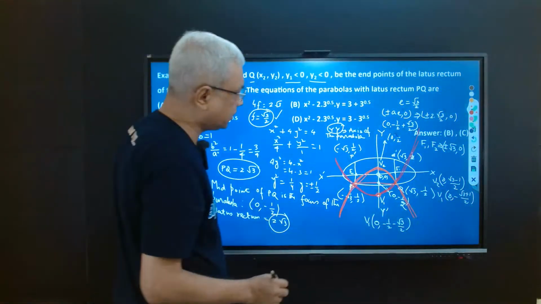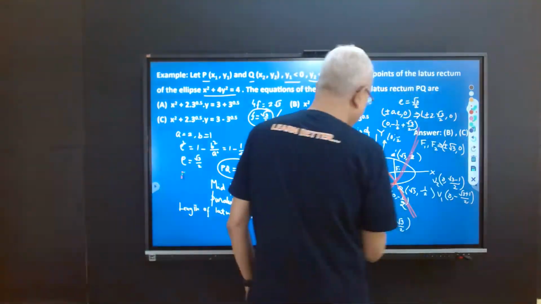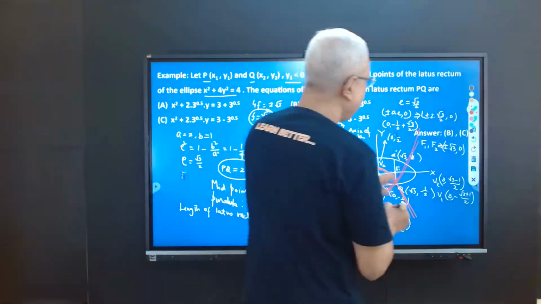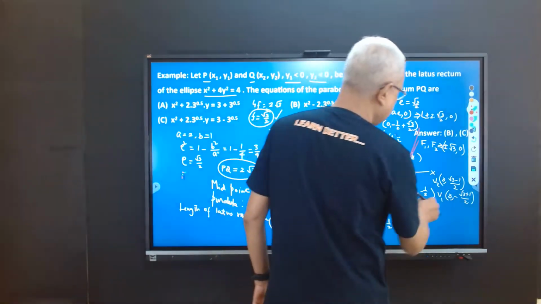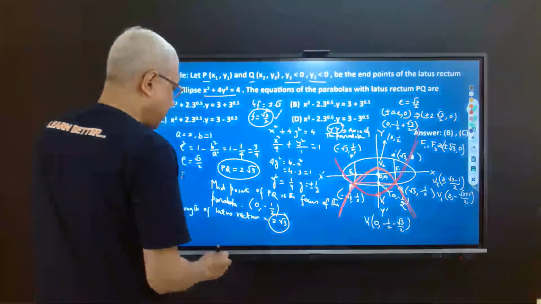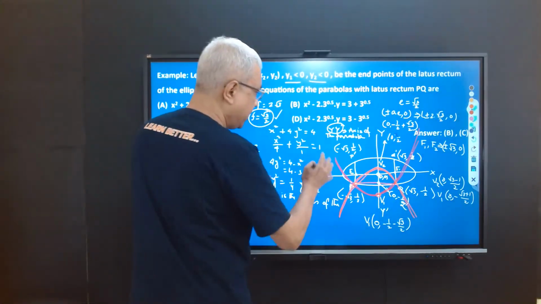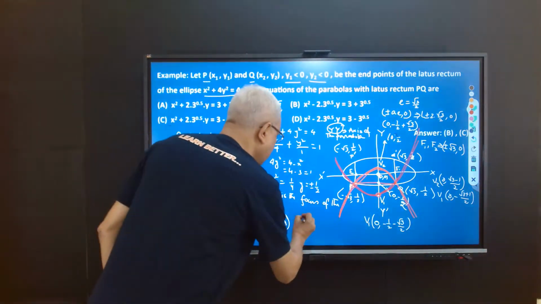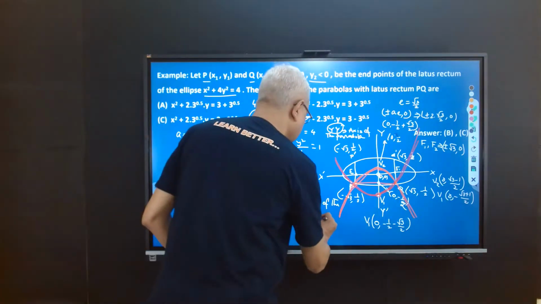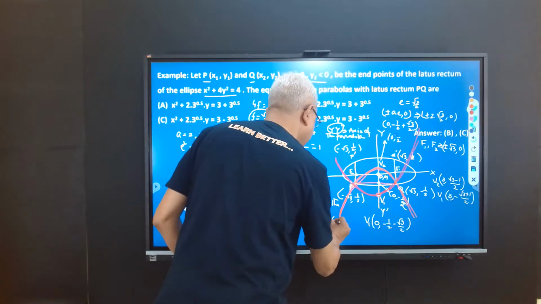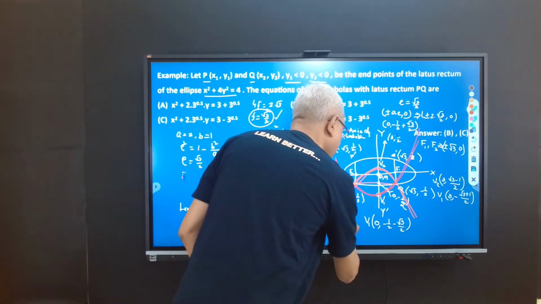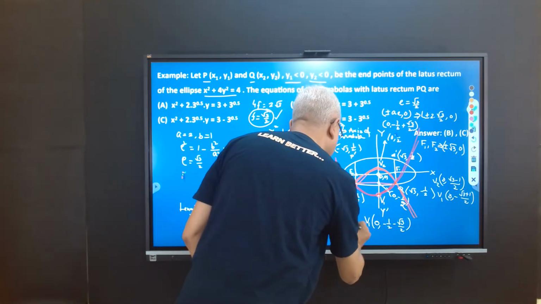So what are those equations? These are the two parabolas. Let me write them down. These parabolas are symmetrical about the y-axis, so the equation will be x square equal to 4 times the focal length, root 3 by 2, times y for this parabola, it is y plus root 3 plus 1 by 2.